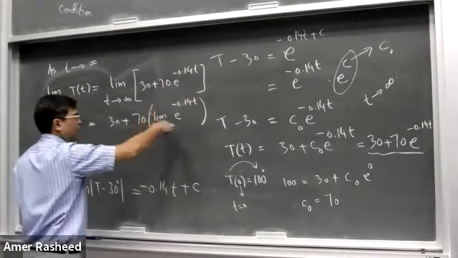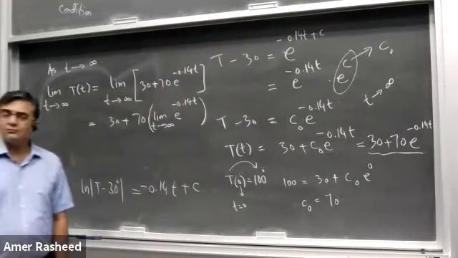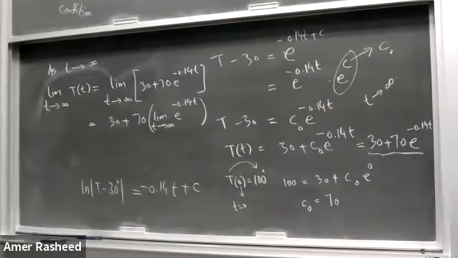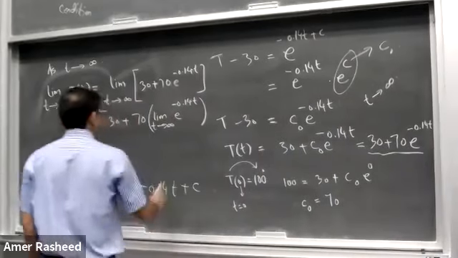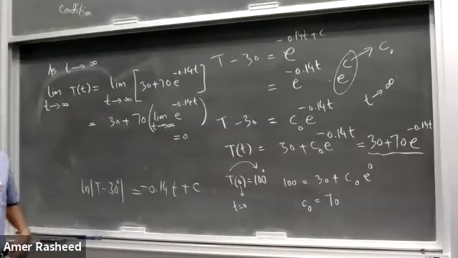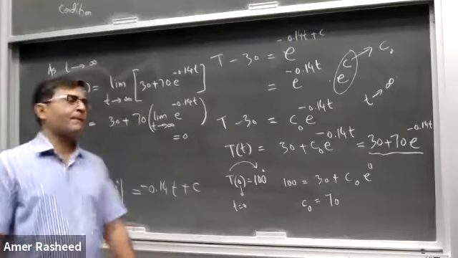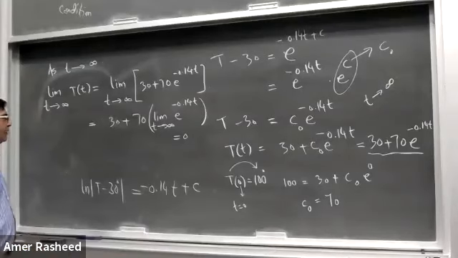Now this limit is what? Can anyone tell me? It is 0. Why? Because e raised to negative infinity is 1 over e raised to infinity, and that is 0. I hope you have studied these things in calculus 1.